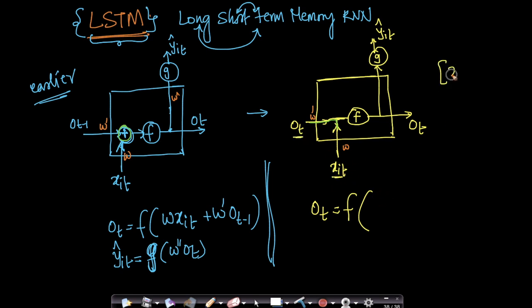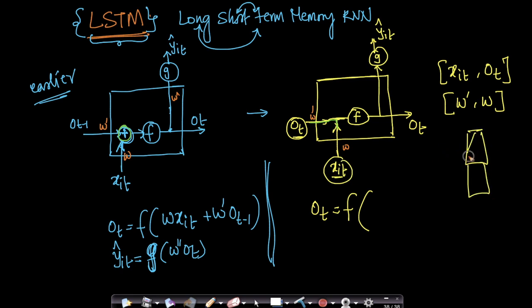I will create a vector which is X_it, O_t-1, and I'm also concatenating the corresponding weights. So this is a vector and this is a vector, and I can concatenate these vectors. This is called concatenation, or just adding one after the other, not the numerical sum. This is called the concatenation operation.